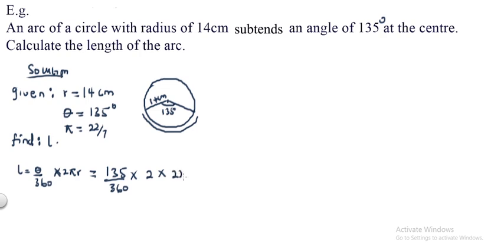Here we have 22 over 7 times r, which is 14. From here we multiply the numerators and the denominators. You can see 135 times 2 times 22 times 14 divided by 360 times 7.